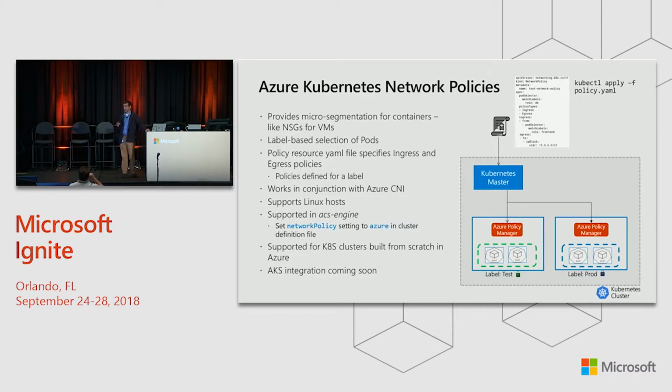The other way to consume it is to build an AKS cluster from scratch, or rather a Kubernetes cluster from scratch in Azure. And once it is set up, you can pull down the actual policy daemon set and have it run on all the VMs, and you're all set to go. Now, I know that the AKS integration has been a top ask, and it's coming very soon. I'm expecting it to be here in a month or 2.